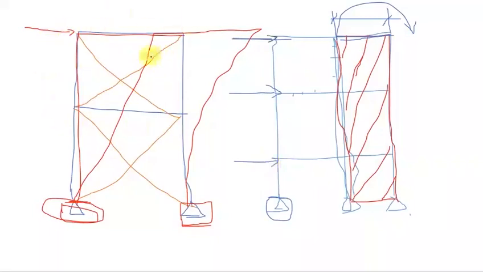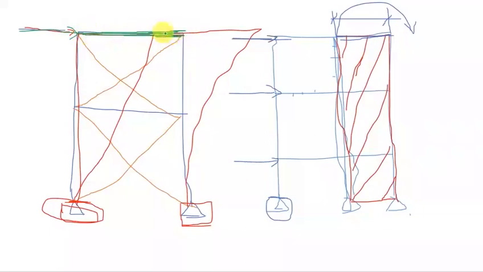What is the load transfer mechanism in these bracings? Well, for a steel structure like this one here, if you apply a load at this point, then obviously it will set this member up here into compression.